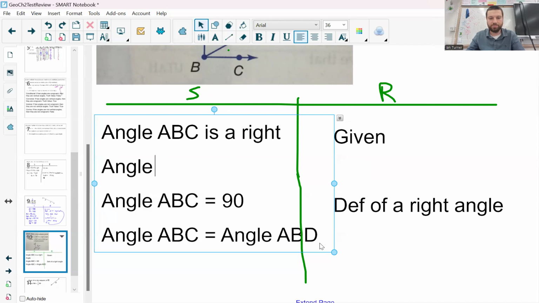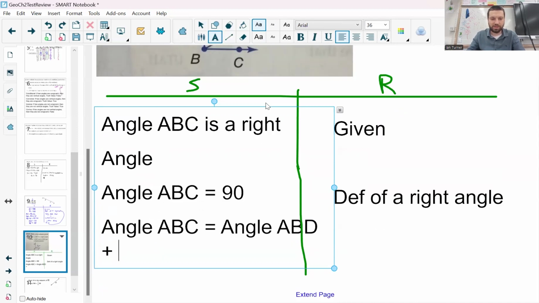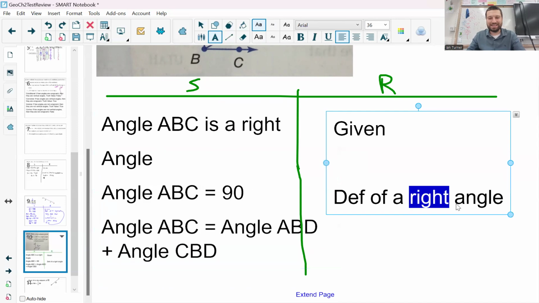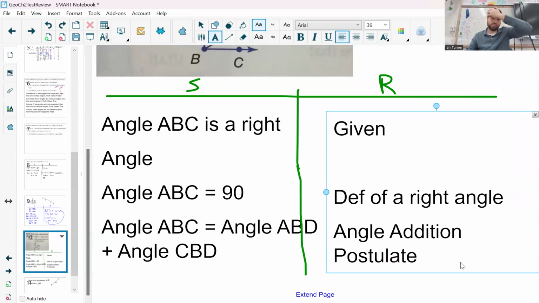Okay, it's slightly better. Angle ABD plus, okay, the other smaller one is CBD. Okay, so angle CBD. What do we call this? Yeah, it's the angle addition postulate. We saw the segment addition postulate earlier, but this is the angle addition postulate. Okay, cool. So now we got that.